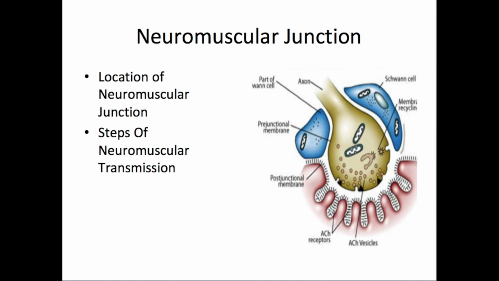The neuromuscular junction is a junction made by nerve ending with the muscle fiber. Each nerve ending makes a junction called the neuromuscular junction with the muscle fiber near its midpoint. You must also know the nerve supply of skeletal muscle.